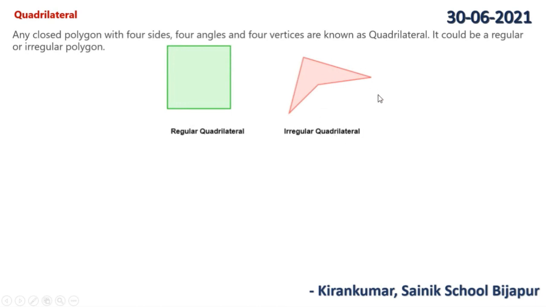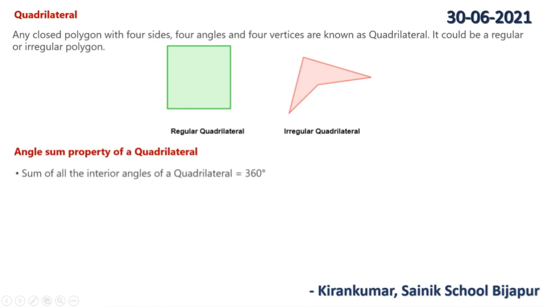An irregular quadrilateral will have sides different from each other. Let us understand the angle sum property of a quadrilateral. The sum of all the interior angles of a quadrilateral is 360 degrees. At the same time, the sum of the exterior angles of a quadrilateral is also 360 degrees.